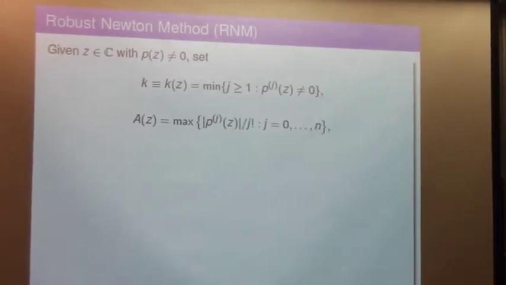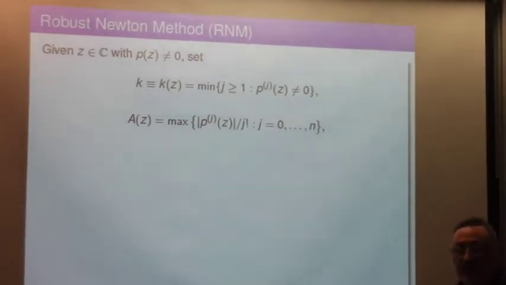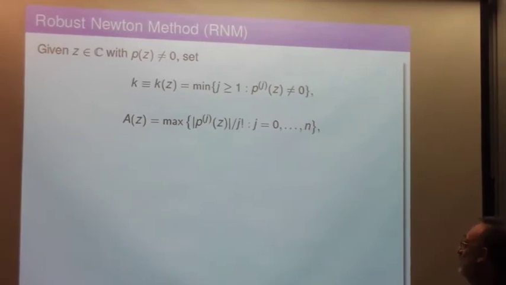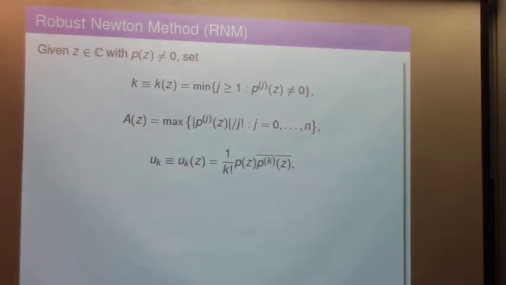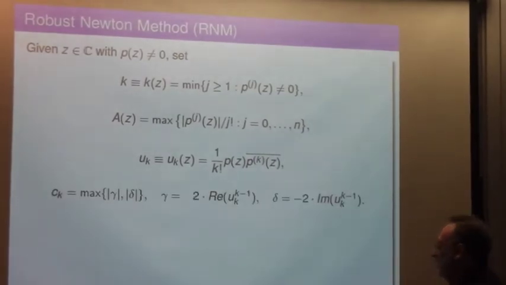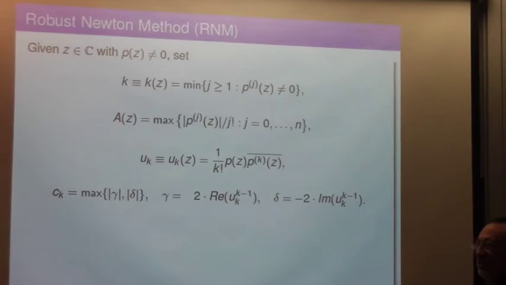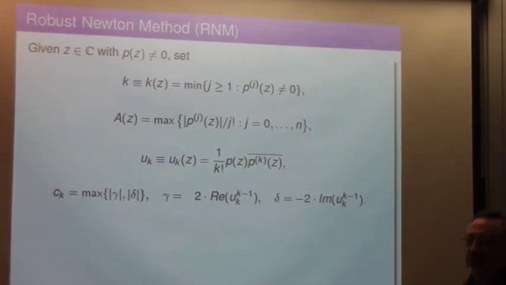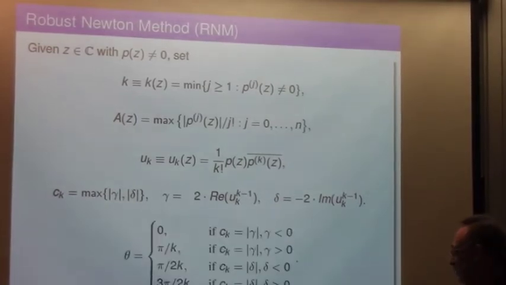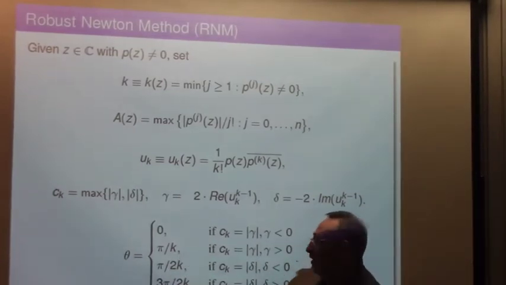Define a of z to be the maximum of these normalized derivatives, and define uk to be this number. Define ck, and so on. So you have to define all these parameters, and it's not important to know the details. And then you also have to pick an angle. Okay.